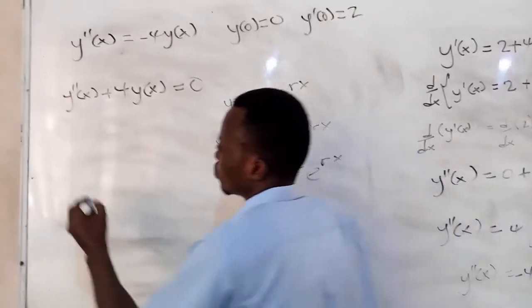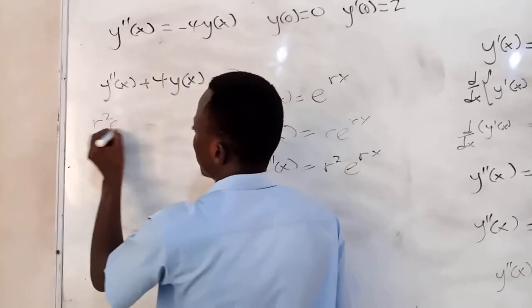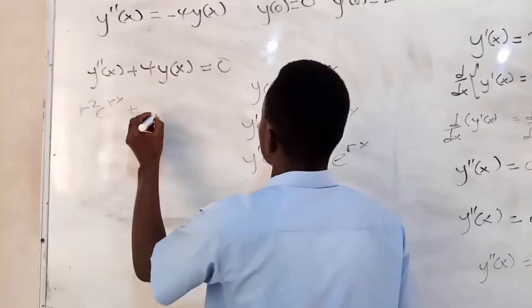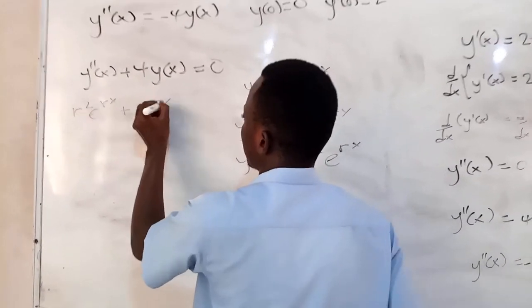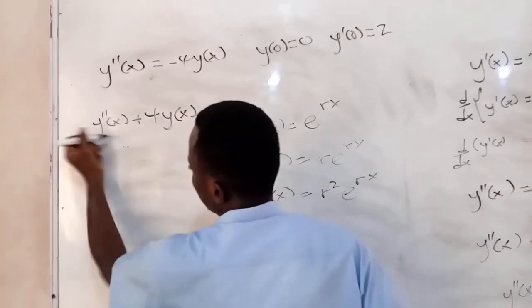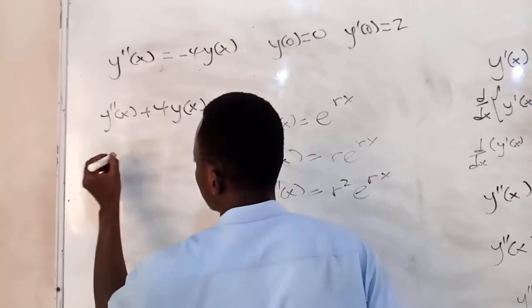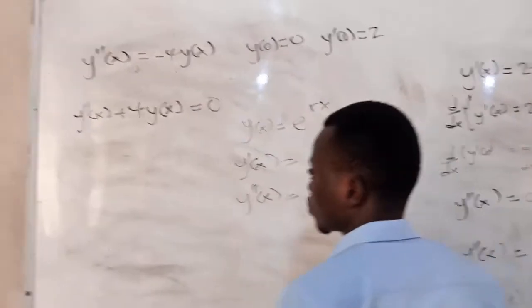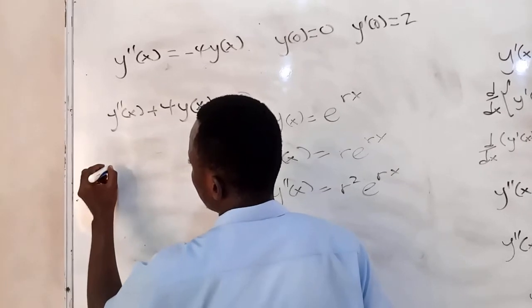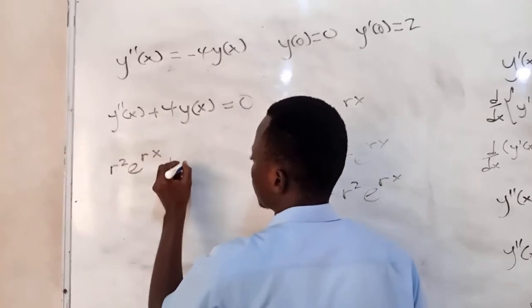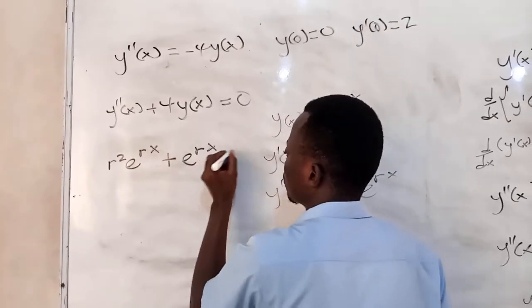We're going to have r squared e raised to the power rs plus 4e^(rs) equal to 0.